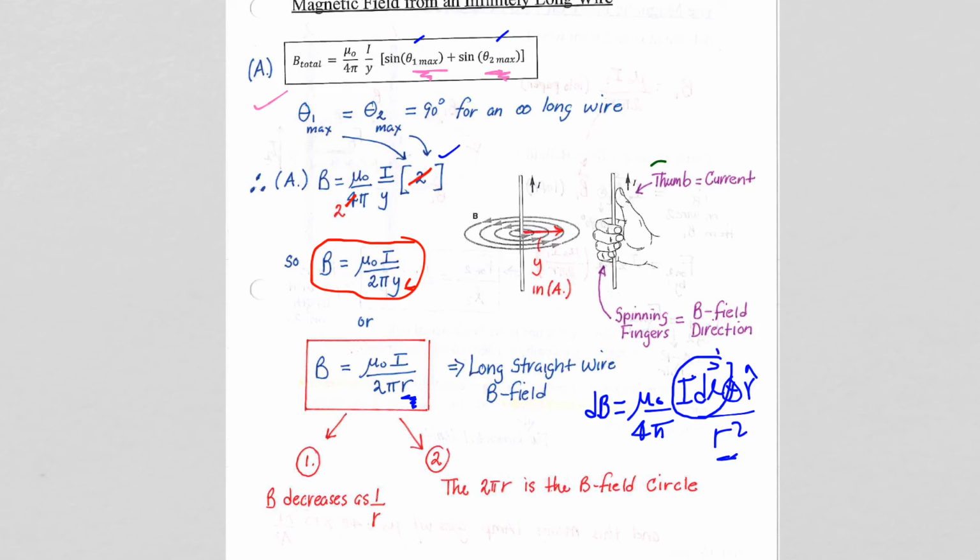But when we have an infinite number of these IDLs, they sum together to have the B field drop off according to 1 on r, not 1 on r squared.